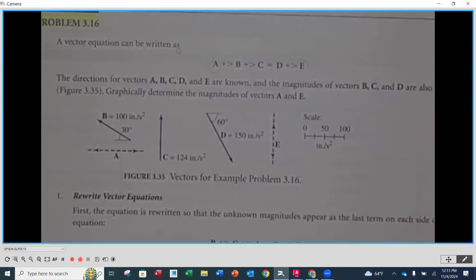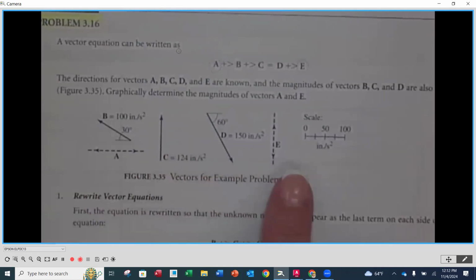Now, as we look, we have each one of the vectors identified down below. You will notice that B, C, and D look completely familiar to us because we've been dealing with vectors like this in our subtracting and our adding portion of this chapter. But A and E look different, okay? A and E look different in that they have dotted lines and they don't have a definitive direction.